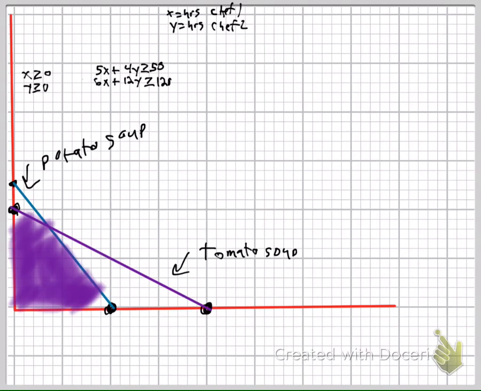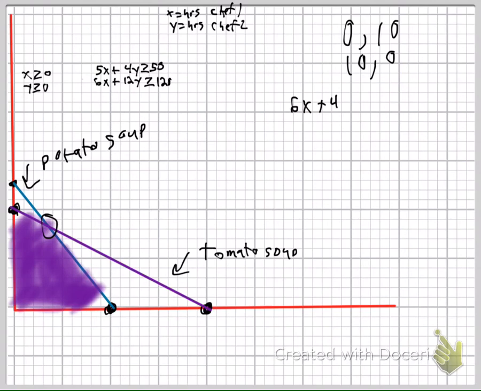So what we want to do is label all the points of intersection between any of the lines. And then what we're going to do is plug each one of those intersections into an equation and see where we go from there. So the (0, 10) and (10, 0) are pretty straightforward.